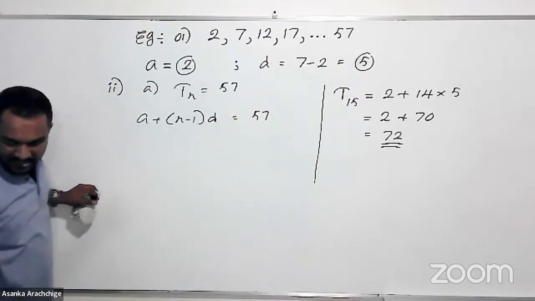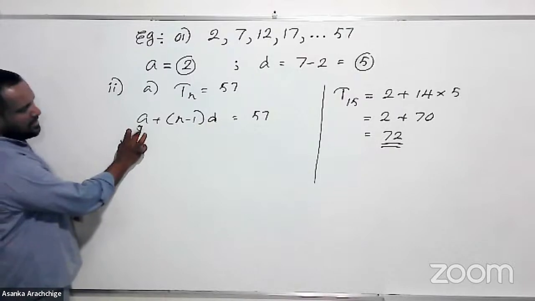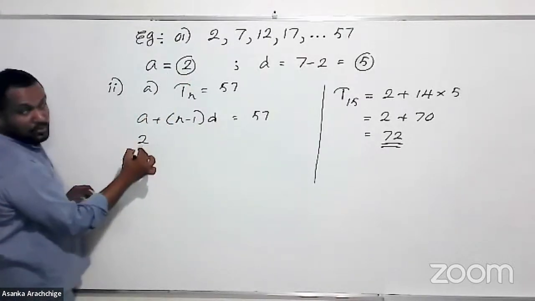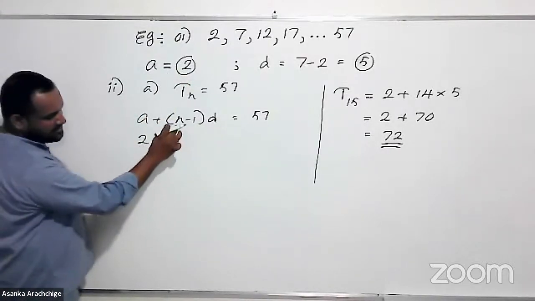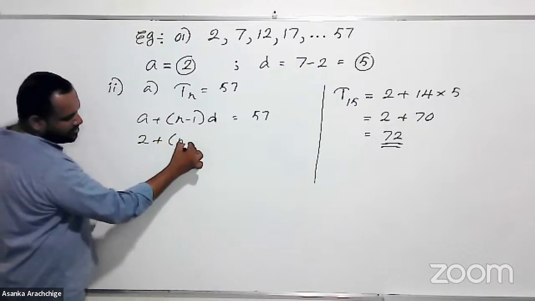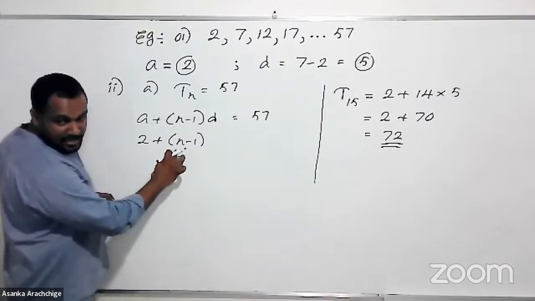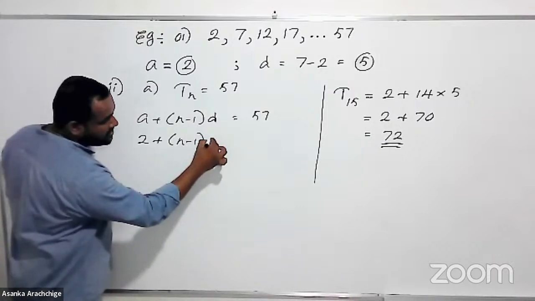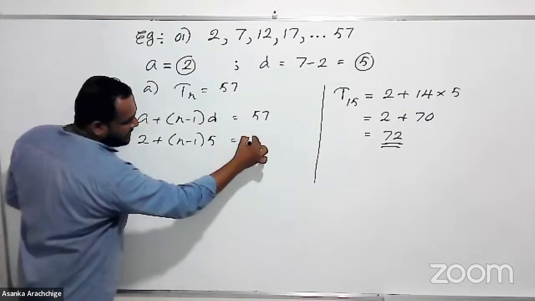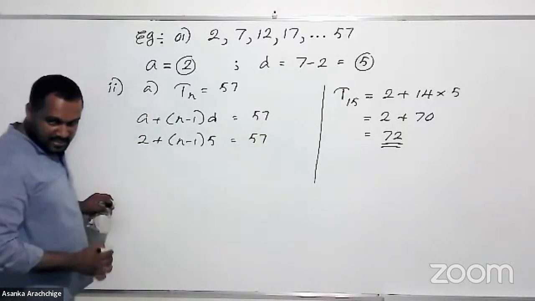What is a? 2. Now substitute. Plus we don't know the value of n, that is what we want. n minus 1 times d is 5, that is 57.